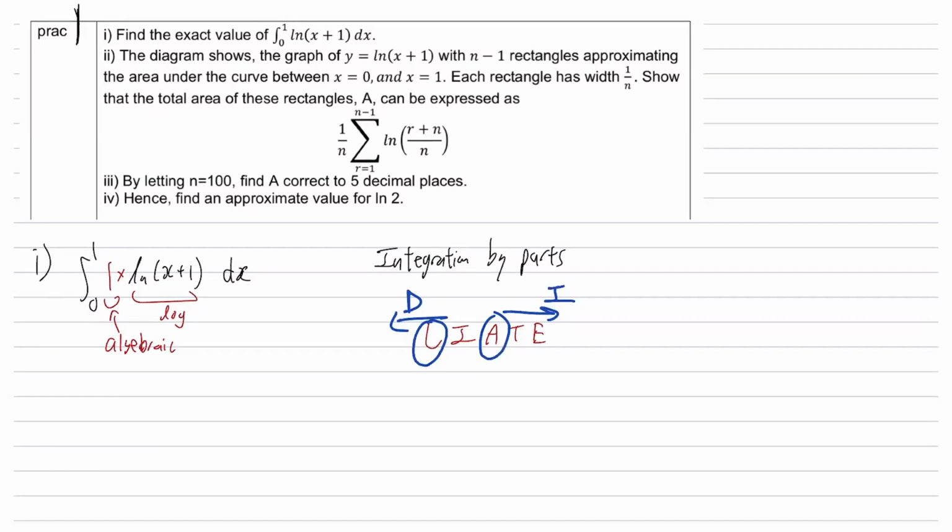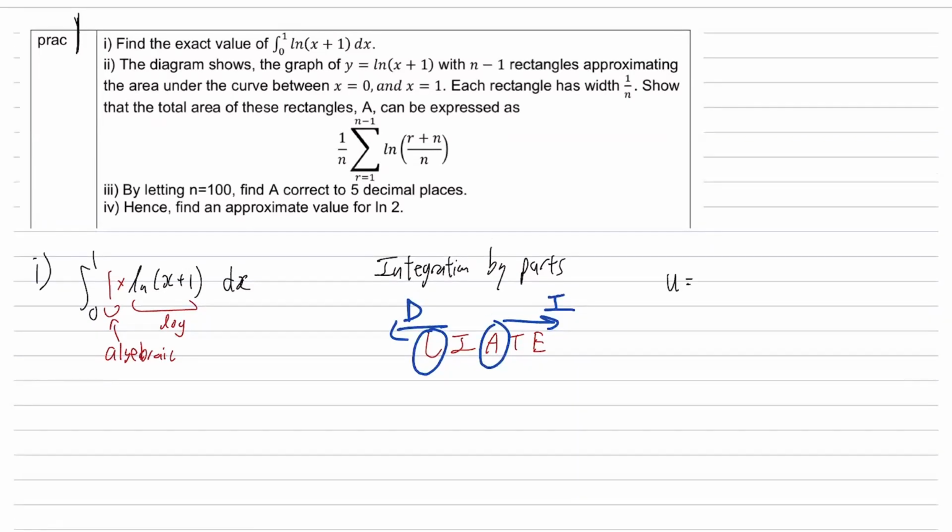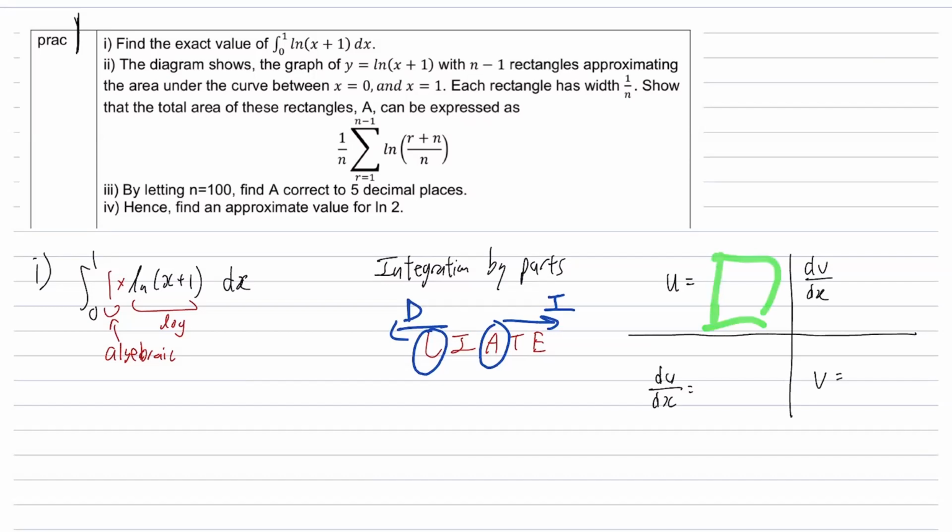So your u and v, let's draw the table first. u, dv by dx, then du by dx, and then v equals. Draw a table like this. This u is eventually going to be differentiated. The formula is like this: u dv equals uv minus integral v du. This is the butchered version of the formula.